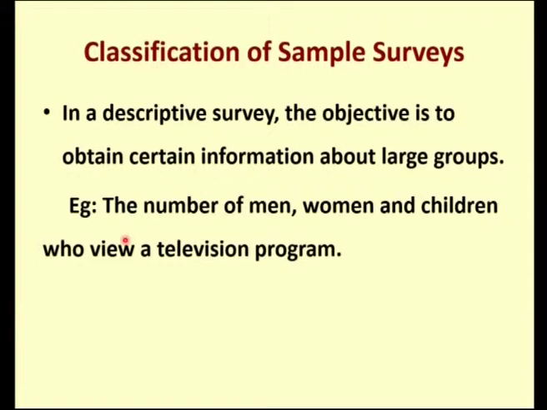Here we have an example: the number of men, women and children who view a television program. We will have the total number of men, women and children, and in addition the total number of the population who view a television program, which comprises men, women and children. The purpose is very simple, just to obtain the information.